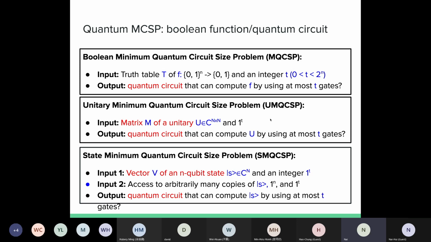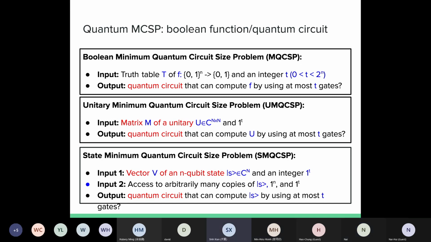But for sure, I think the unitary one is harder than the Boolean function one. For the state one, I don't know, but all three problems are hard because we cannot prove that they are in NP. We will see this fact soon. We also have some results that probably these two problems are slightly harder than the first problem. We will go to there later. Yeah, very good question. Any other question?